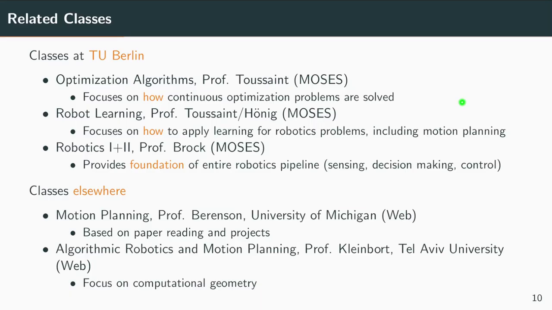And then finally, we have the robotics class by Professor Brock, which is more of a hands-on introduction to robotics, spanning all the different areas, including some motion planning. So if you have taken that, you have seen and maybe also implemented part of RRT already.